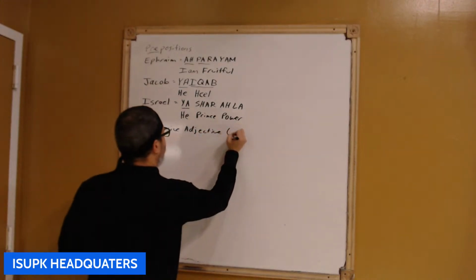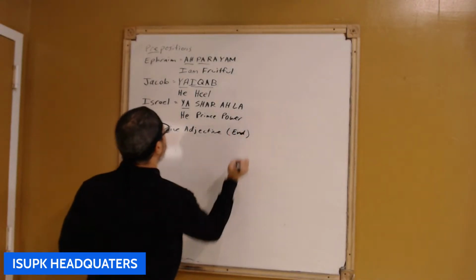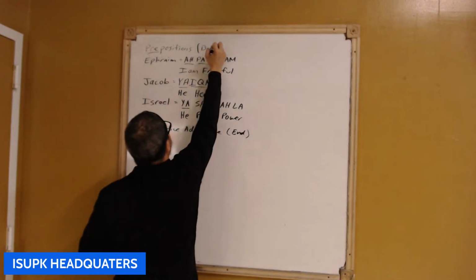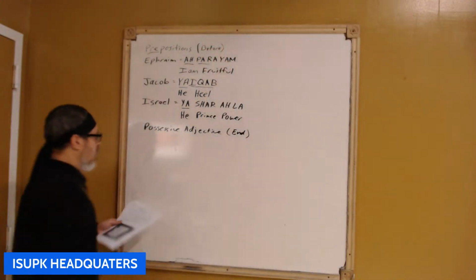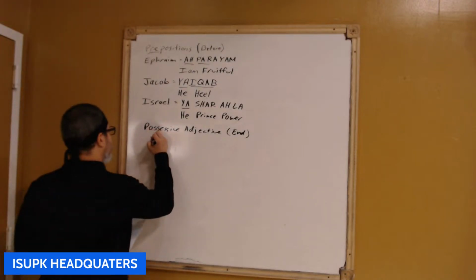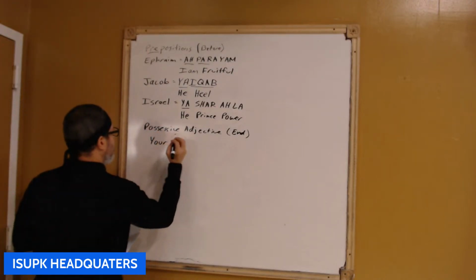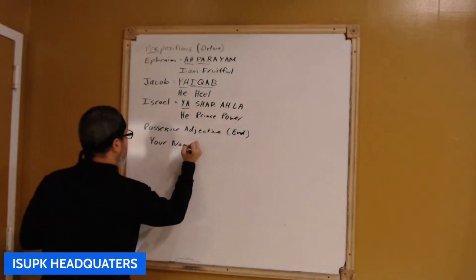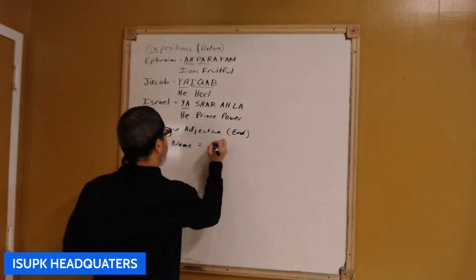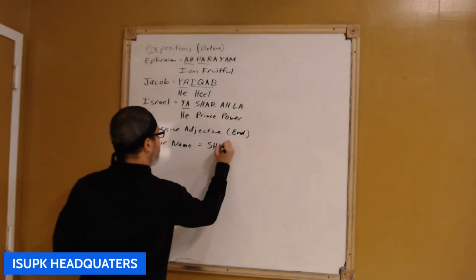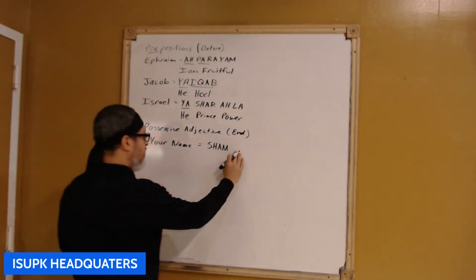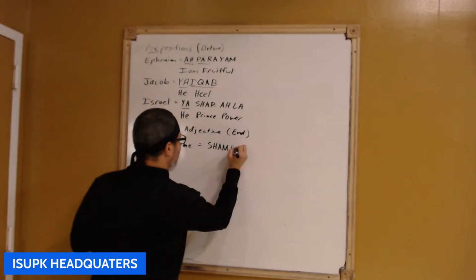Okay. I wrote these here at the end. The preposition was before. Okay. And I taught you your name. Now, how it's actually written in Hebrew was Sham, which means name. But at the end of the Sham, there's a Ka.